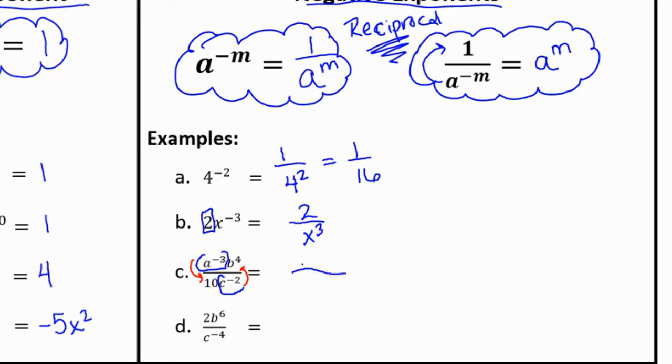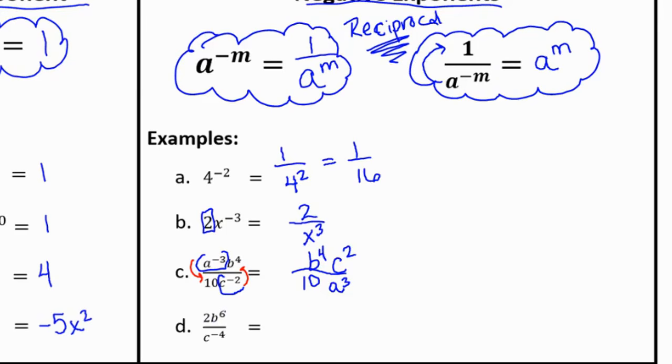So on the top, I now have B to the fourth, and I have C to the second. On the bottom, I have a 10 that was already there, and the A to the third now has moved to the bottom.